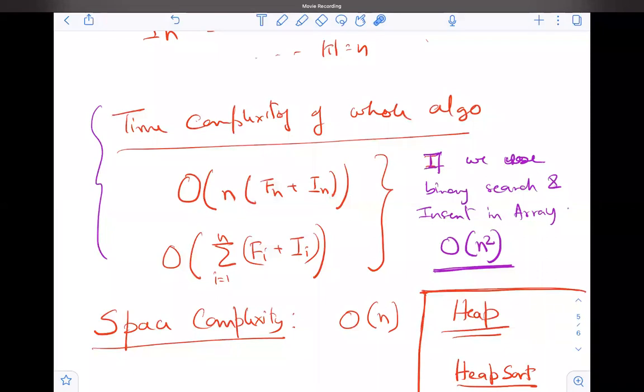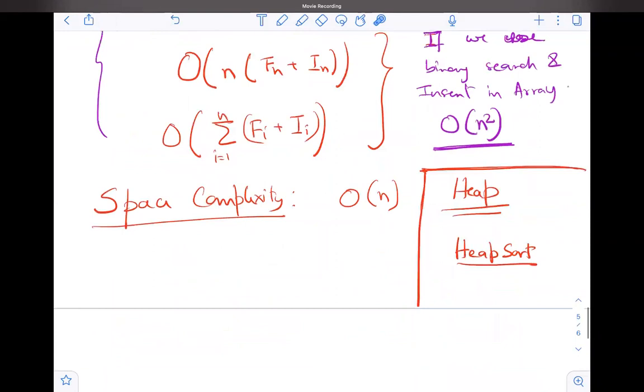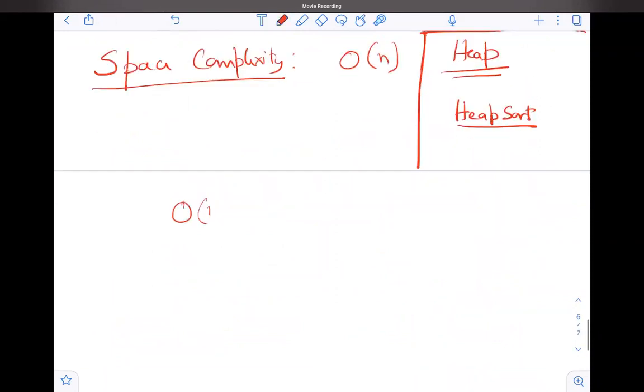Sir, if we use binary search and insert in an array, then it should be order of n plus order of log n, no? Right, very good. What is order of n plus order of log n? This is also order of n.